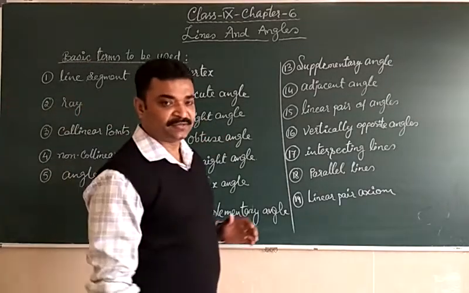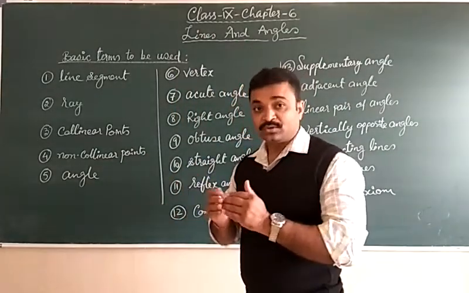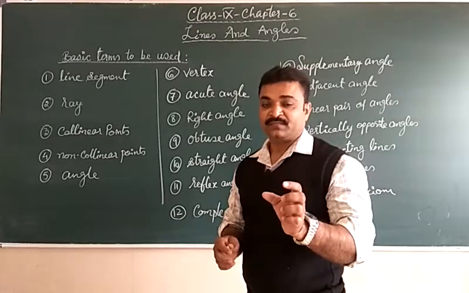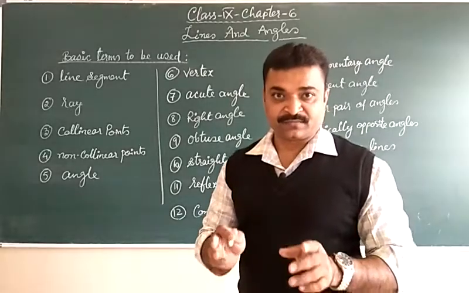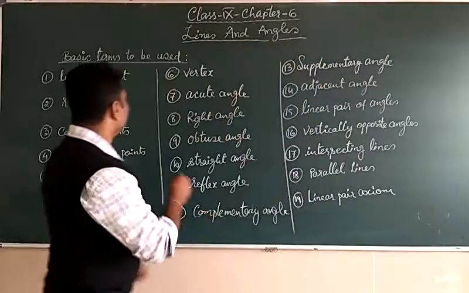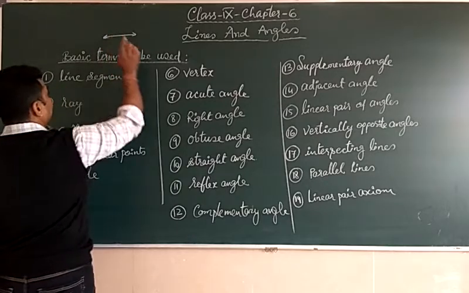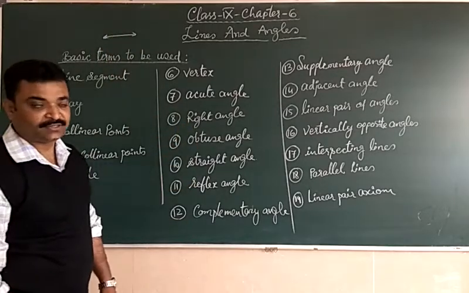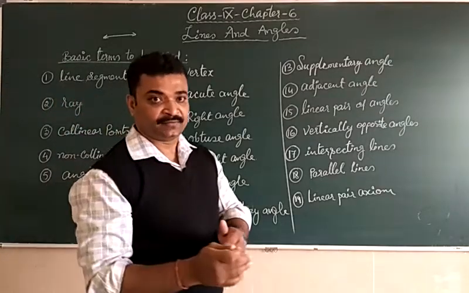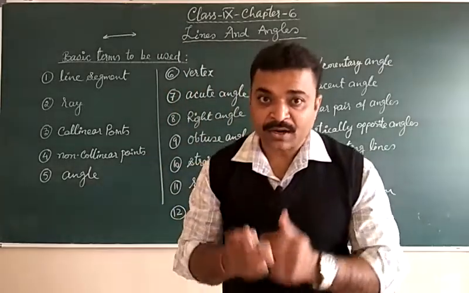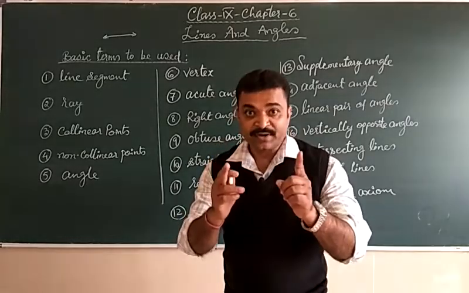So what is a line segment? Line segment and ray, both are derived from a line. And what is a line? A line which has no end points. If we denote the line by this. Clear? So what is a line segment? A line segment is a part of a line which has two end points.